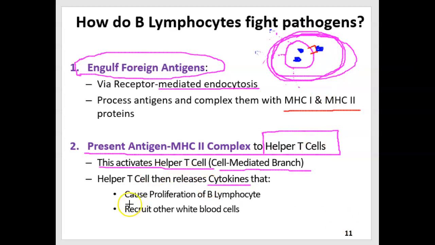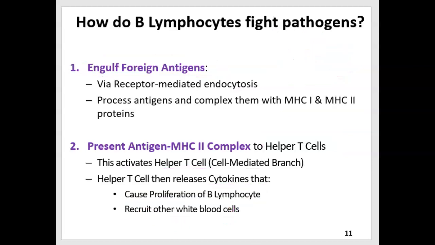Okay, now what? Well, the cytokines cause proliferation of that original B lymphocyte type. So you're going to get a lot more, a higher clone production, right? And the cytokines recruit other white blood cells to perform phagocytosis.